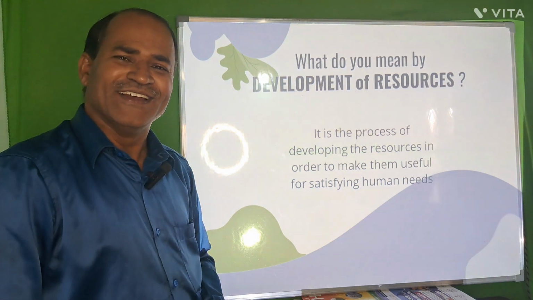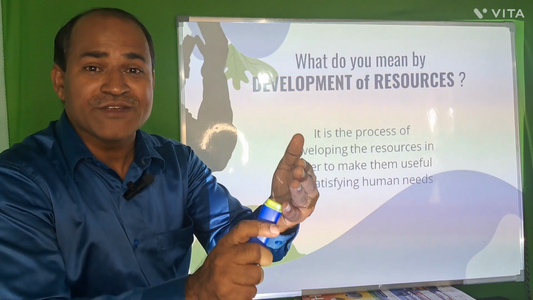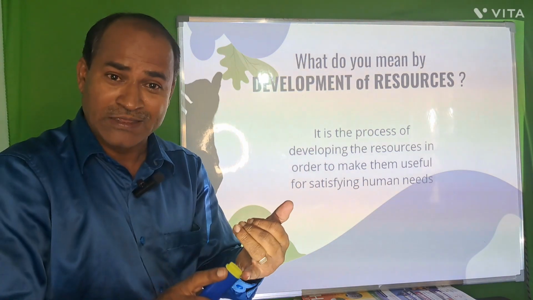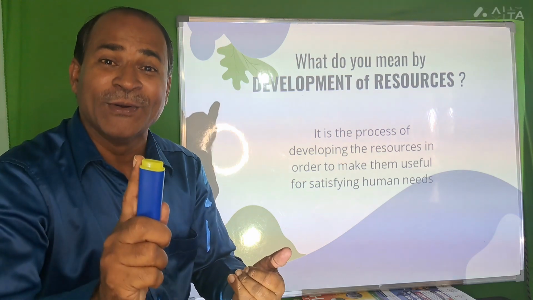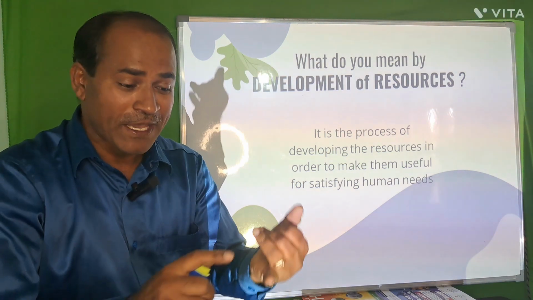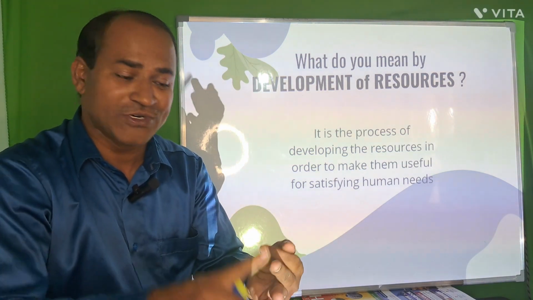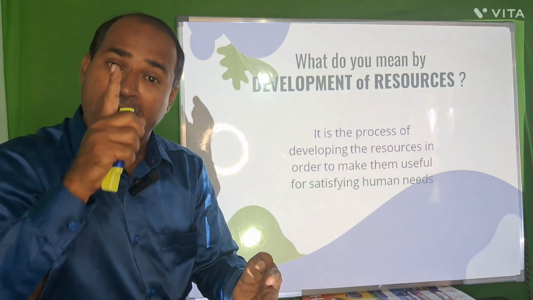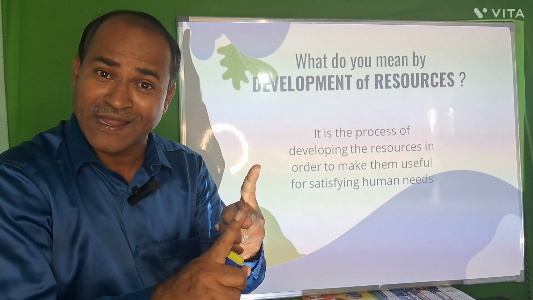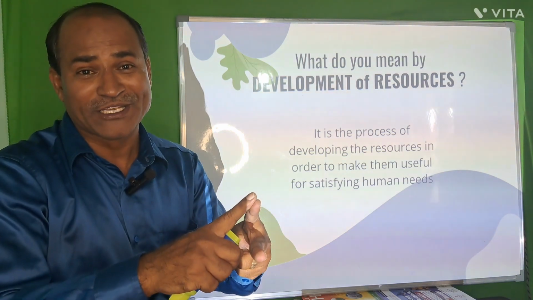Okay, students, now I have told you clearly about the classification of the resources. Let me glance once again. On the basis of the origin, biotic and abiotic. On the basis of the ownership, individual resource, community resource, national resource, international resource. On the basis of the exhaustibility, we have another classification, renewable resource and non-renewable resource.